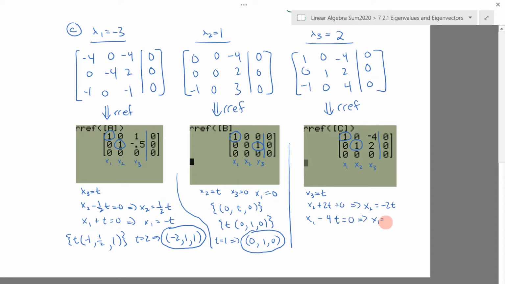So x1 is equal to 4t. So they all have a t, so I can factor it out. What's left over is 4, negative 2, 1. And so if you take t equals 1, you get 4, negative 2, comma 1 as my eigenvector for lambda 3.